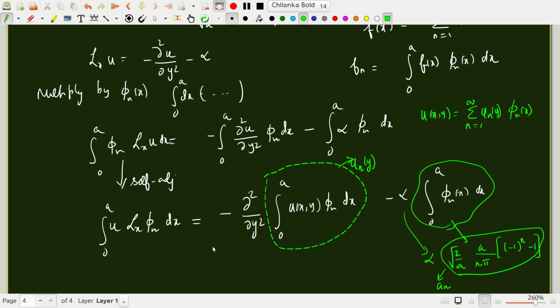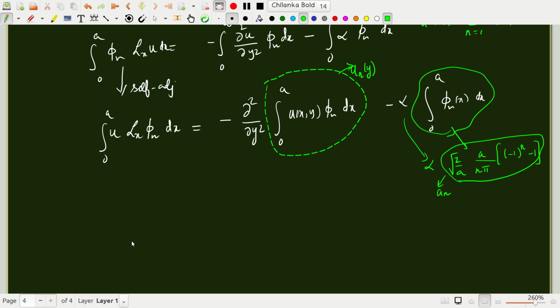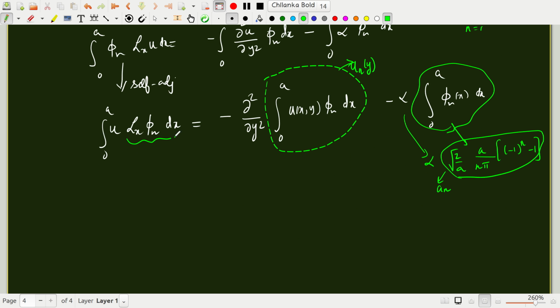Okay, and this is un of y, and what is L phi n? This is nothing but minus lambda n phi n, and lambda n goes outside because it's a constant, so it will become u phi n dx.